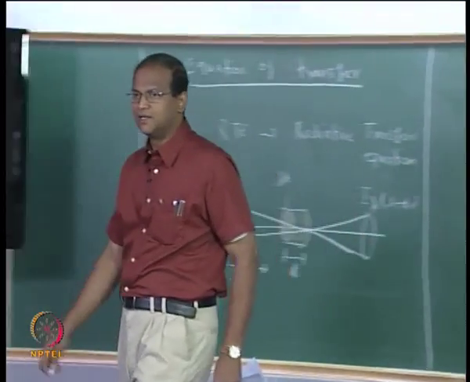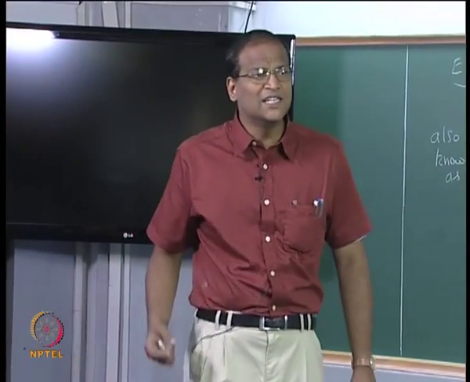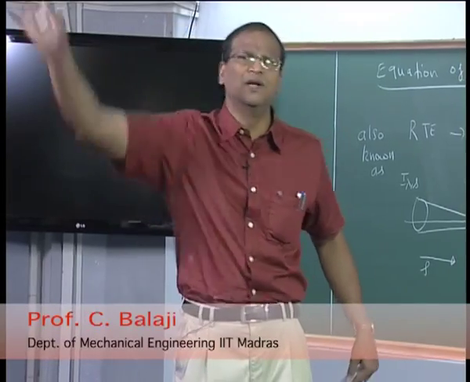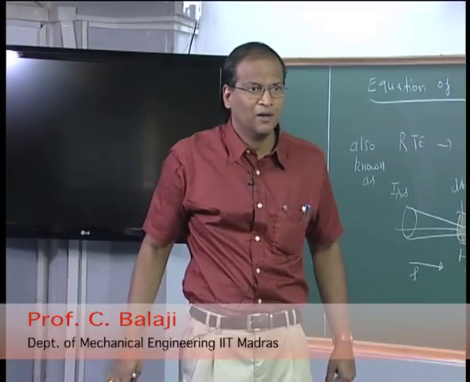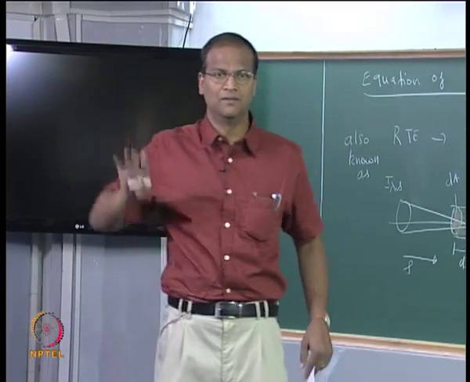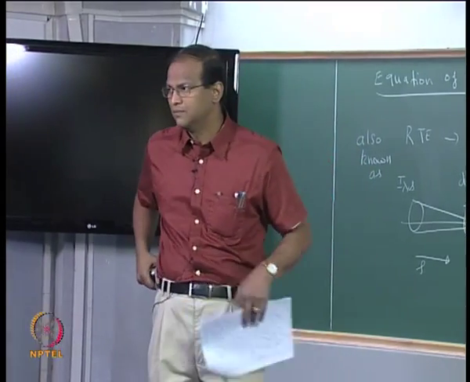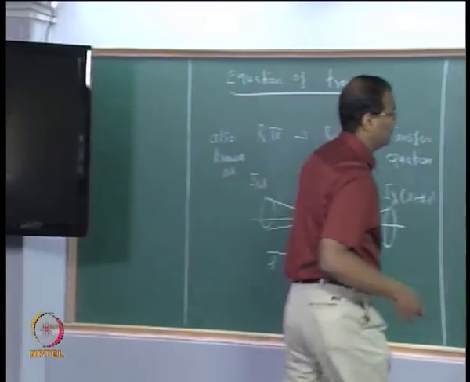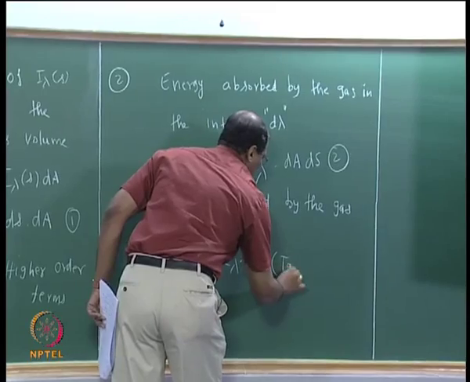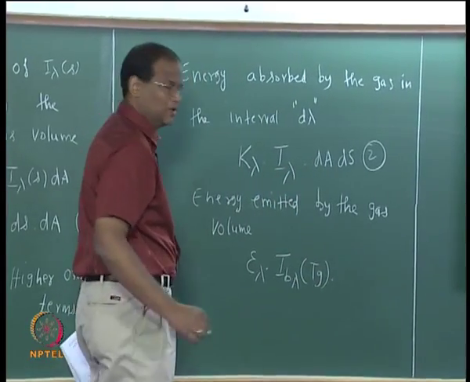Tg is the gas temperature. The intensity I lambda need not be related just to Tg, it is coming into the gas volume, it can be from somewhere else, but what it emits will be completely dependent on its temperature, correct. So epsilon lambda, do not leave the other things, into dA ds.